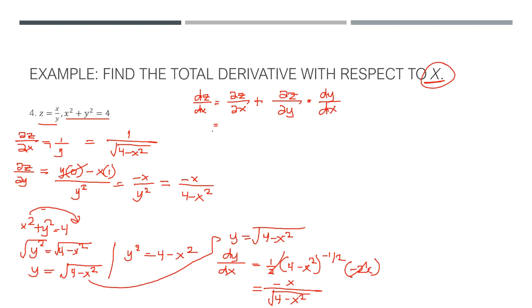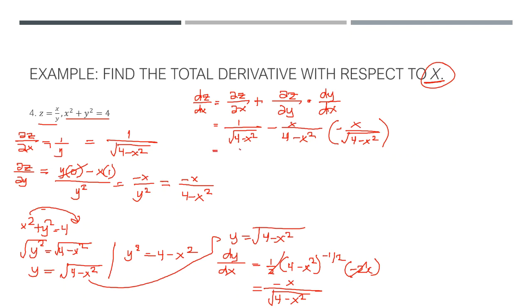Substituting the values, we have 1 over square root of 4 minus x squared plus negative x over 4 minus x squared times the derivative of y with respect to x, which is negative x over square root of 4 minus x squared.